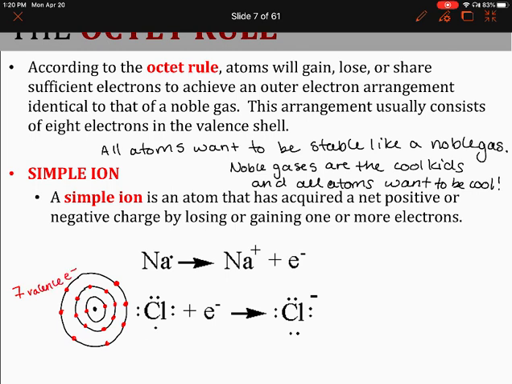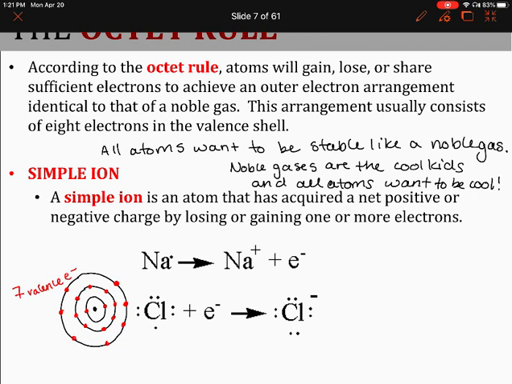Now, chlorine is a nonmetal, and it's on the right-hand side of the periodic table. And remember that from our ionization energy trends, anything that's on the right-hand side of the periodic table has a really hard time losing electrons. So they have really high first ionization energies.